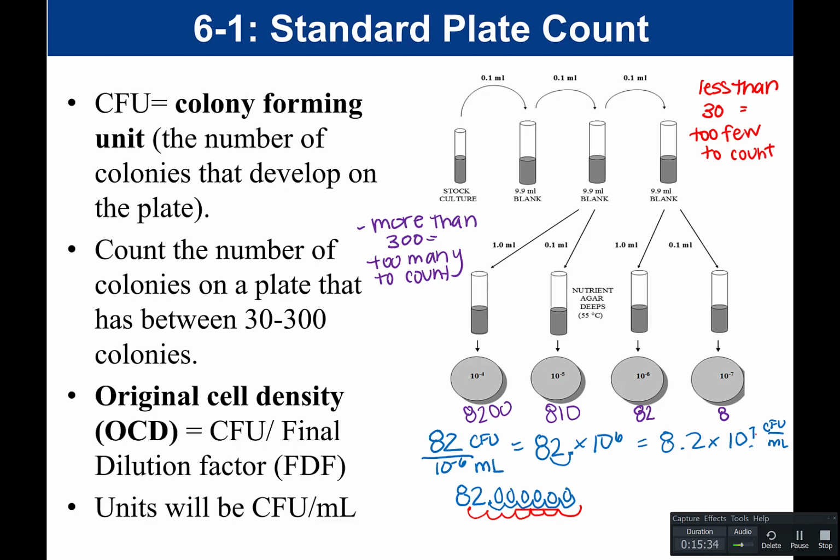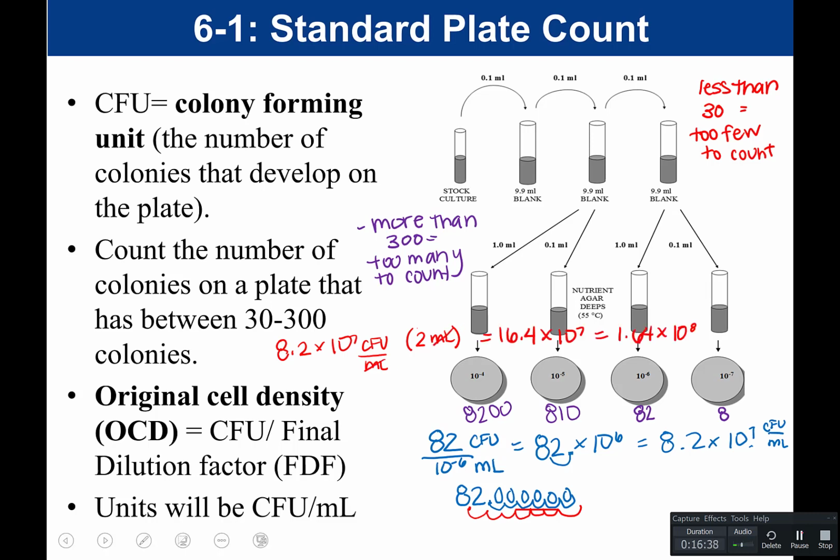But what if I have 2 milliliters? If my concentration is 8.2 times 10 to the 7th CFUs per milliliter, and I want to know the total number of bacteria in the tube, if I have 2 milliliters, I need to multiply by 2 so that we can cross-cancel our milliliters. So that would give me my total number of bacteria.